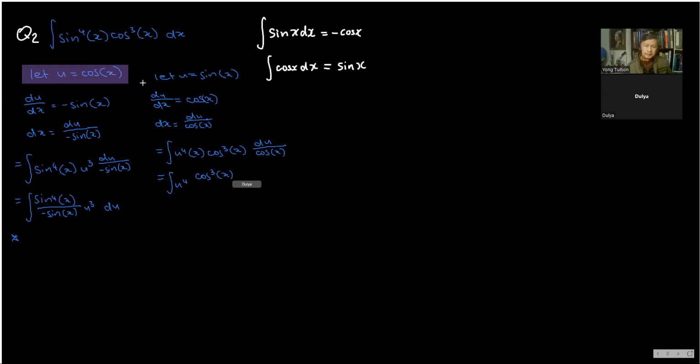Yes, we still can see cosine this time. Ideally, we should get something by now, something like this, right?